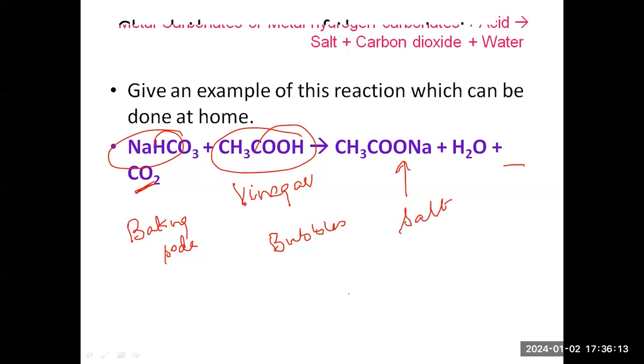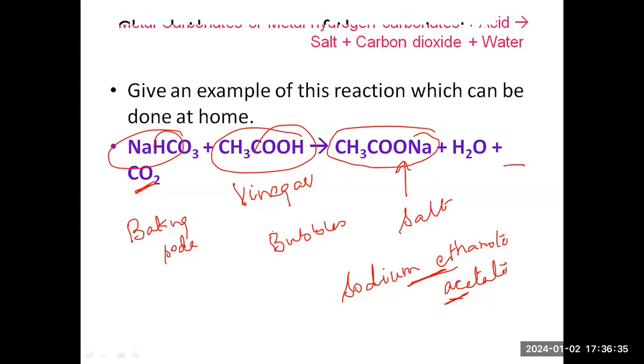It is called sodium ethanoate. Sodium ethanoate is the IUPAC name, and sodium acetate is the common name. You can find it written both ways. It means the same. This is the salt, right?